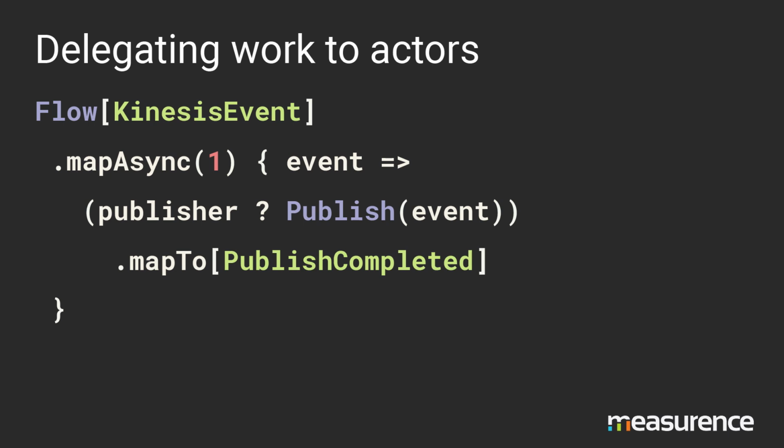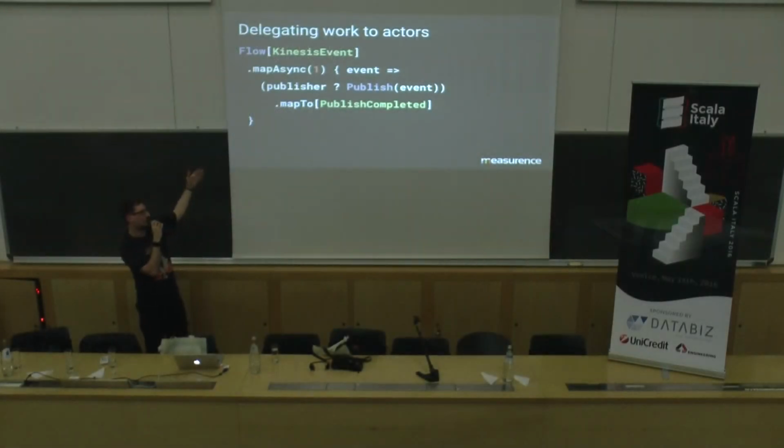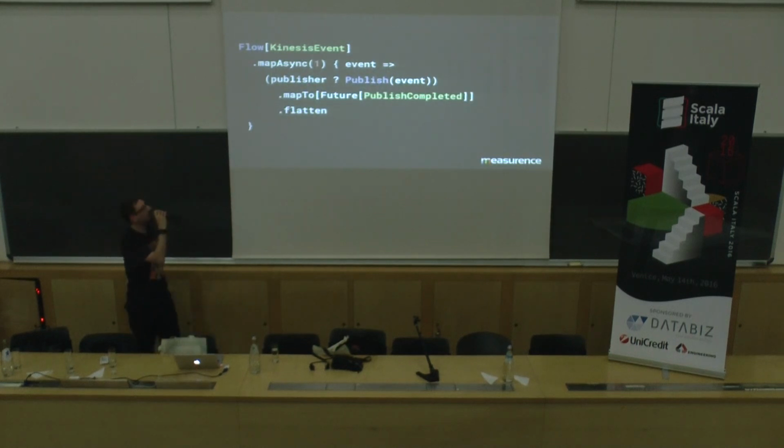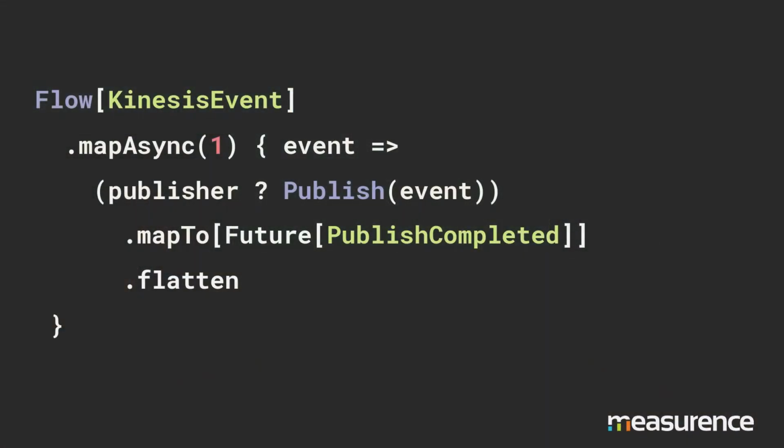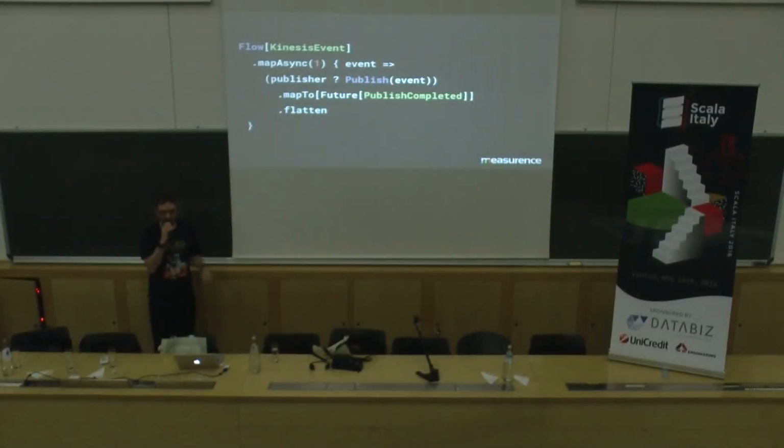To avoid failing your stage in case of timeout, you might attach a recover to this future, or you may use a trick, meaning that your actor, upon receiving the publish call, will create a promise and return the future of that promise immediately. So the ask pattern will be fulfilled, and you'll get a future of a future that you can flatten and then emit downstream.